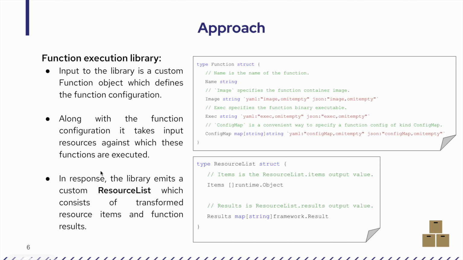Once those two things are passed to the library, it will run that function against the resources and provide the result back as a resource list. This resource list is also a custom object which consists of runtime objects. These runtime objects are nothing but the transformed resources. And result is the result of each function. This result is basically metadata for debugging or observability.